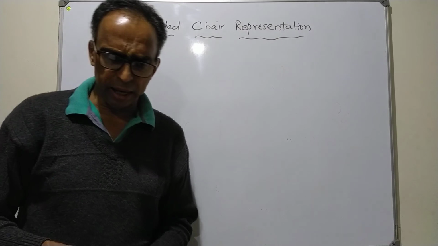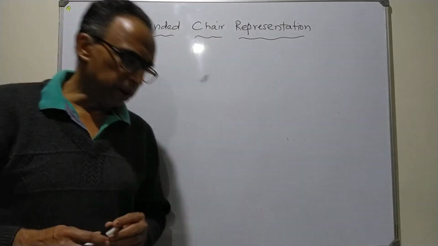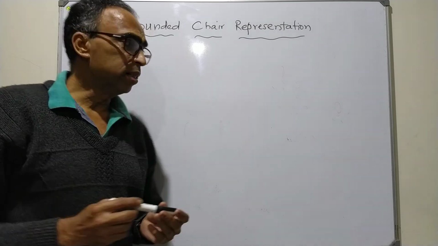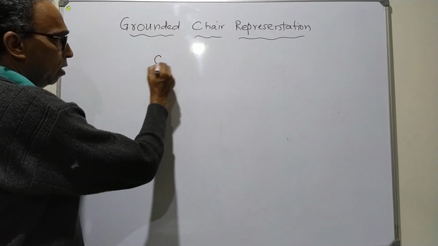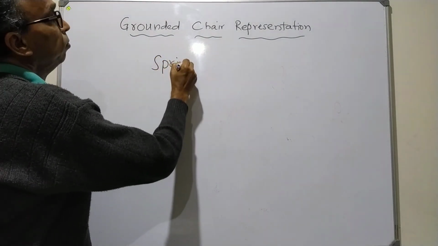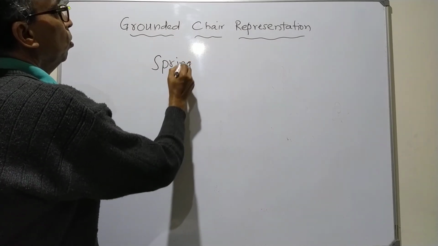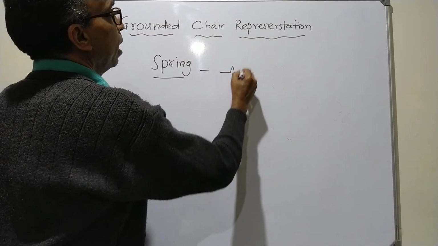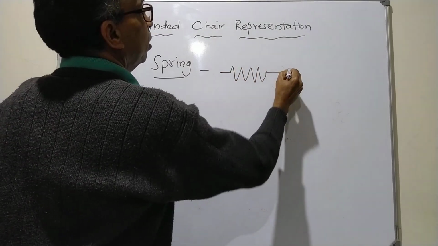Just to recollect, we had identified three types of basic elements. One was spring, which we represented something like this, isn't it?